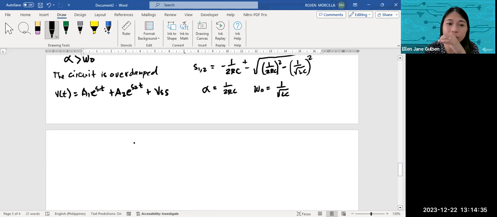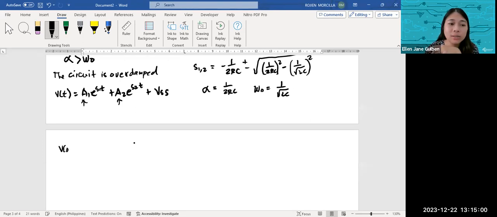Okay, moving on, we will need to determine the initial conditions so that we can get the values of our A1 and our A2. So what are the conditions that we have? We have IO and VO. Since we are doing VO, let's start with this one.